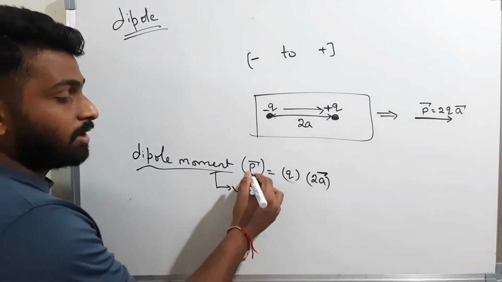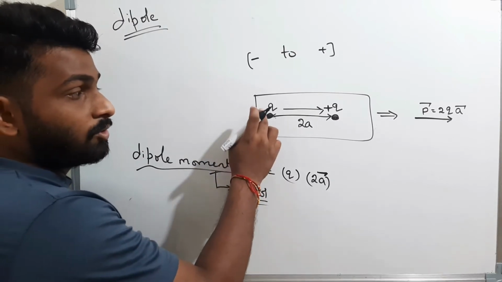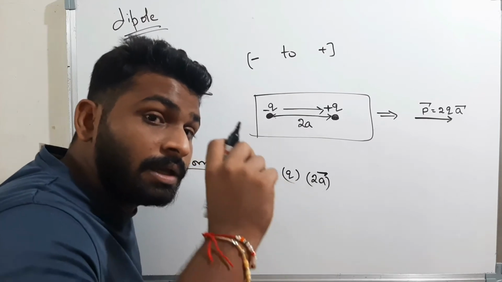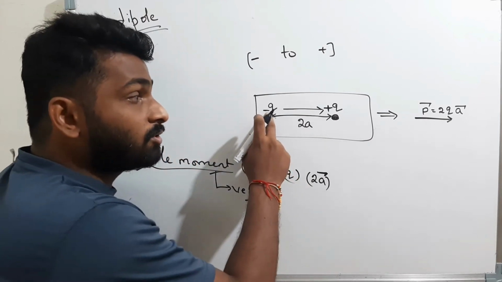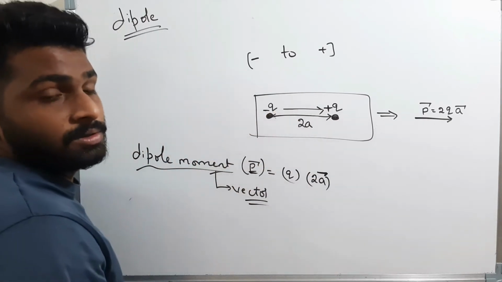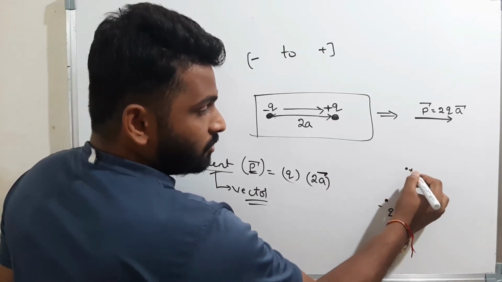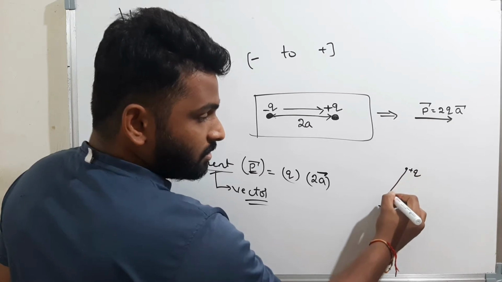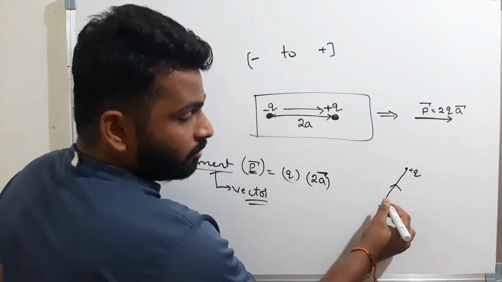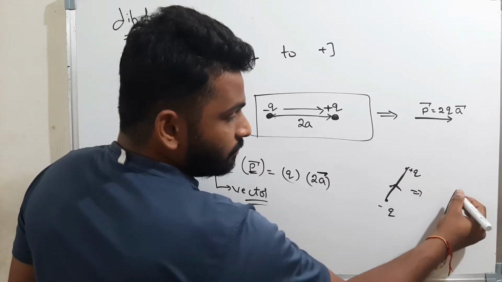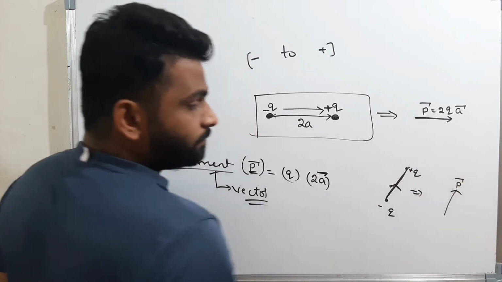Always the dipole moment direction is from negative charge to positive charge. If it is a negative charge, minus q, and if it is a positive charge, q, always the direction is from negative to positive, like this. Therefore, this one I will represent by a small arrow, p bar.